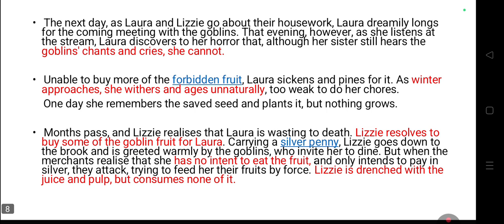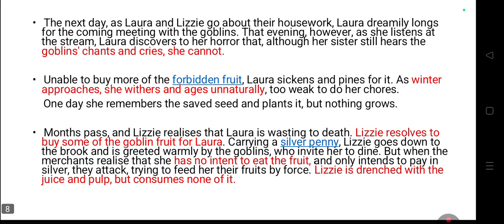So when she visited the goblin merchants, Lizzie resolves to buy some of the golden fruit for Laura. Carrying a silver penny, she goes down to the brook.